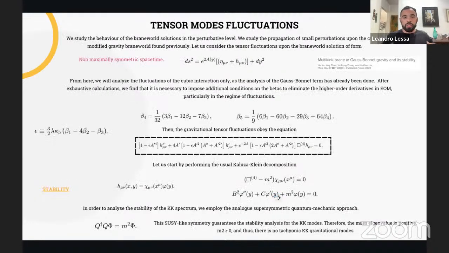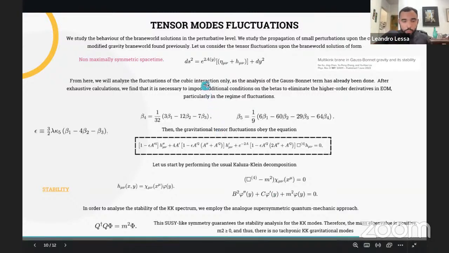And then we'll discuss some things about the gravitational fluctuations. Here we study the behavior of the brane solution at the perturbative level. So you study the propagation of small perturbations over the curvature-modified gravity brane solution. So let's now consider the tensor perturbation over the brane solution of this form.